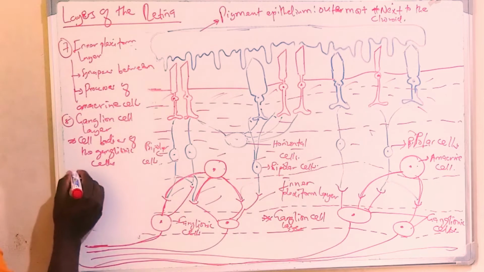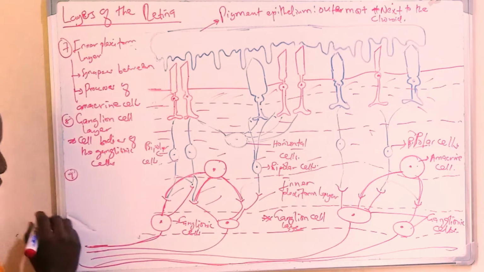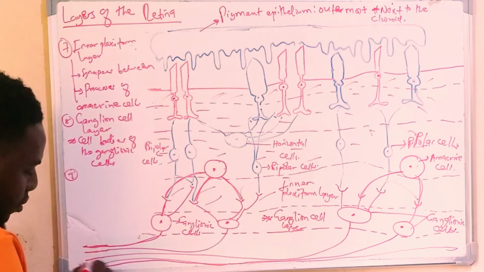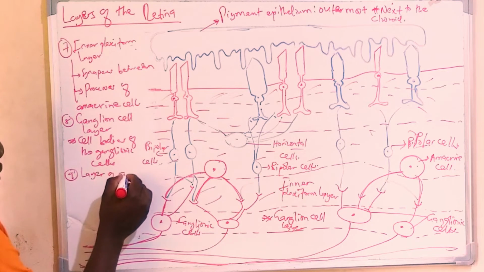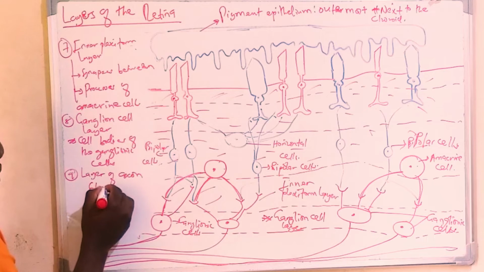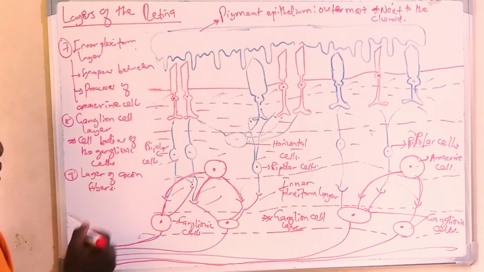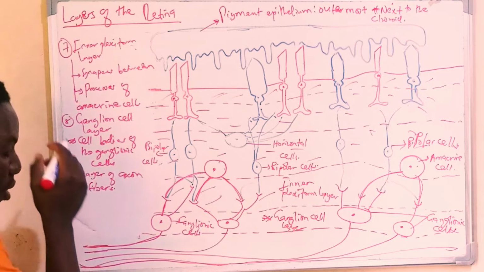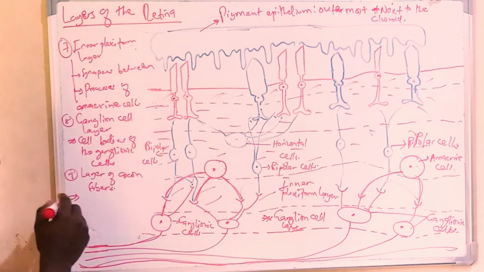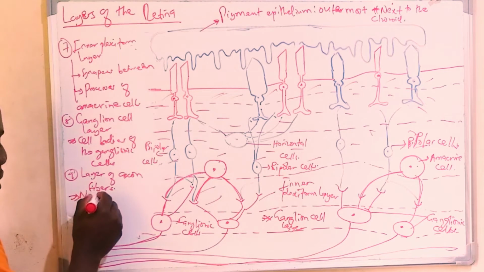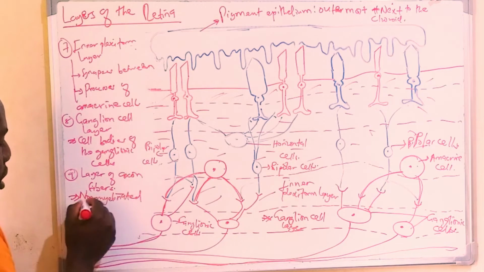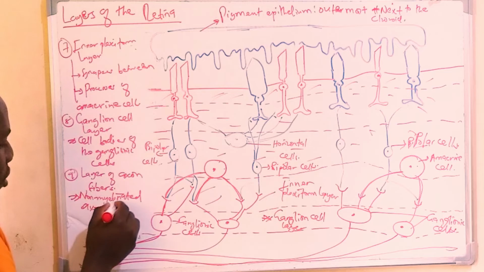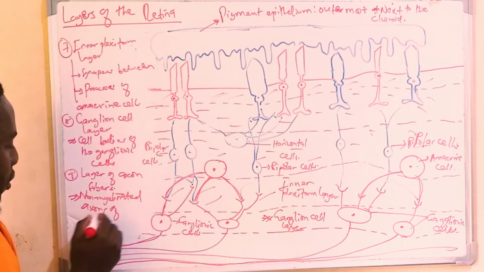Then the ninth layer is the layer of axon fibers. In this layer, you're going to find non-myelinated axons of ganglionic cells.